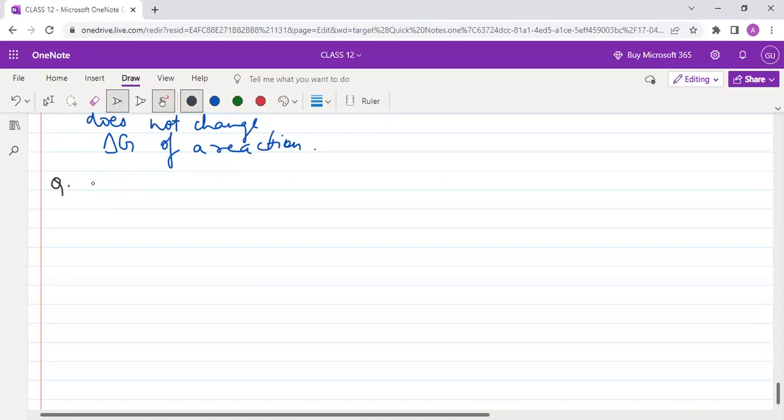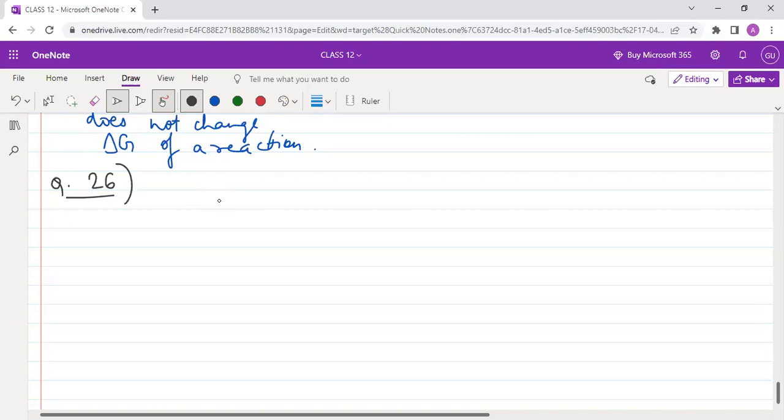Question number 26. Okay. So you can see that it is a decomposition of hydrocarbon. This is the reaction and it follows the equation. So the equation is given, right? K is equal to 4.5 and so on. And you have to calculate EA. What is EA?